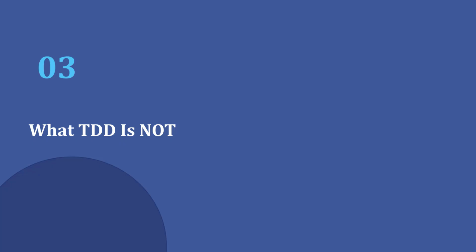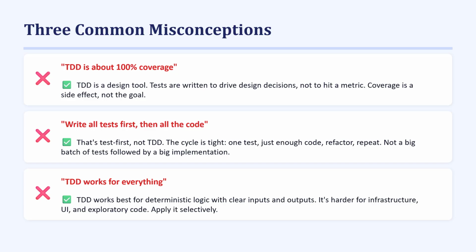So let's talk a little bit about what test-driven development is not. Let's start with the idea that it's not about 100% coverage. 100% coverage is the idea that every line of code, every outcome, every scenario could have a test attached. Test-driven development is really a design tool, not a coverage tool.